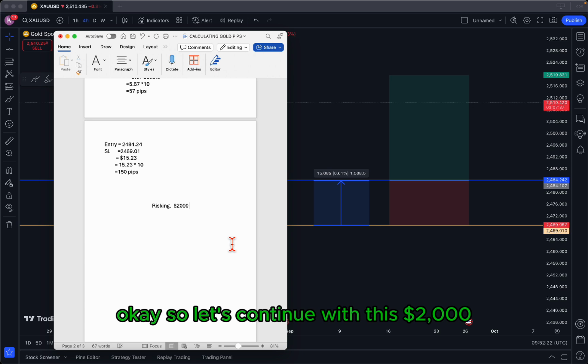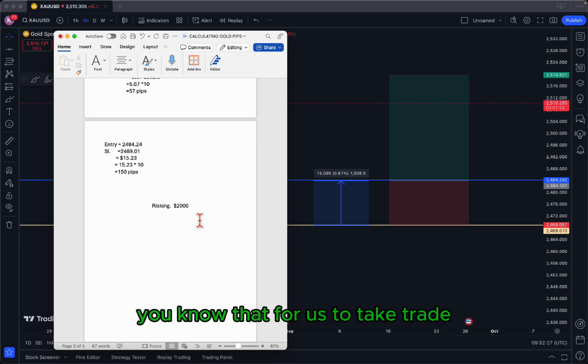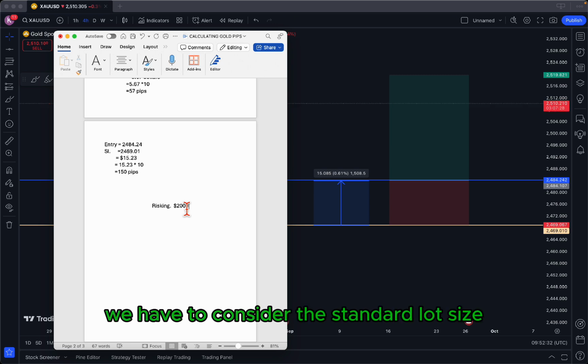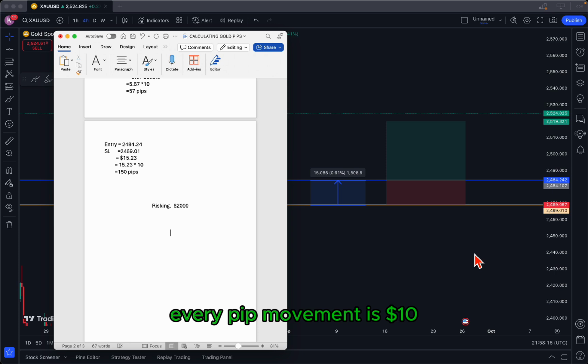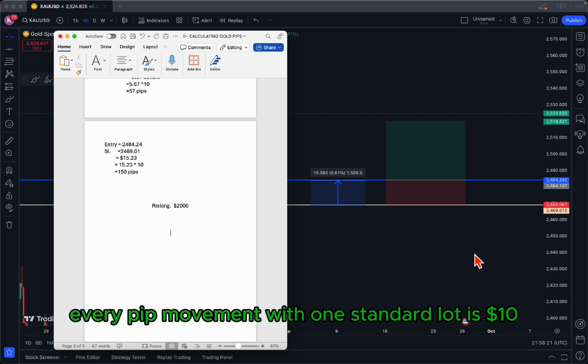Okay, so let's continue. With this $2,000, we know that for us to take a trade or risk $2,000 on a trade, we have to consider the standard lot size. And with standard lot size, every pip movement is $10. That is, every pip movement with one standard lot is $10.